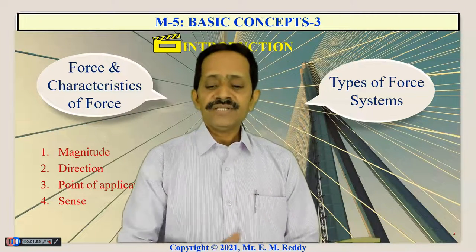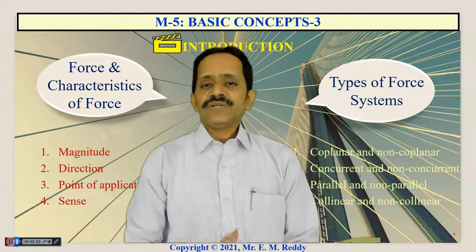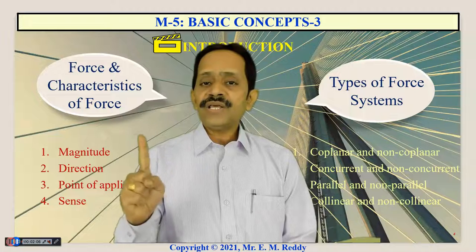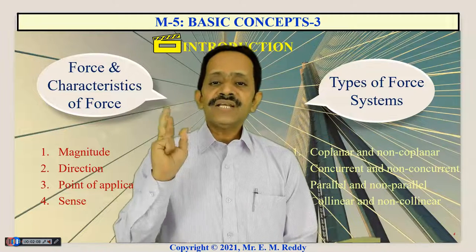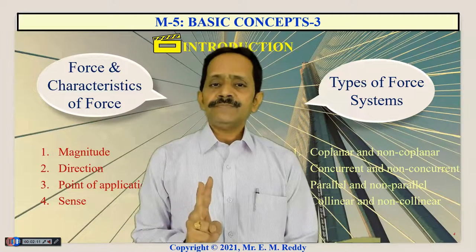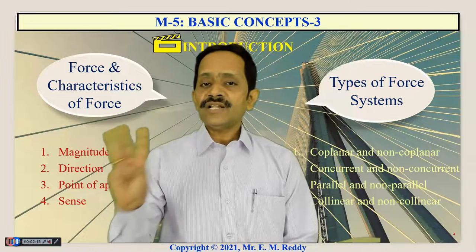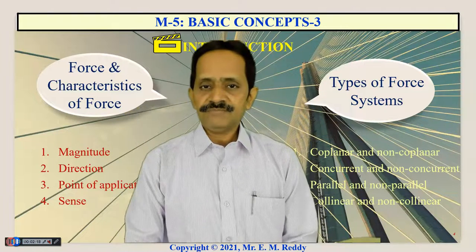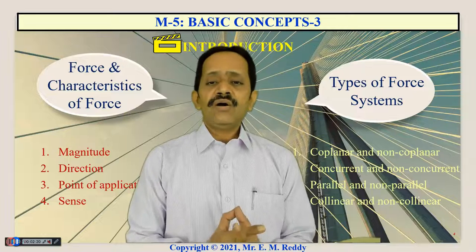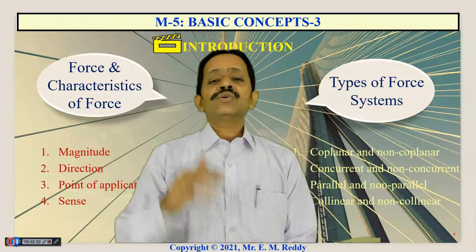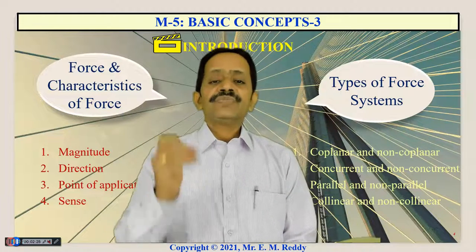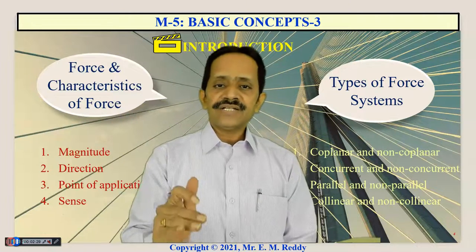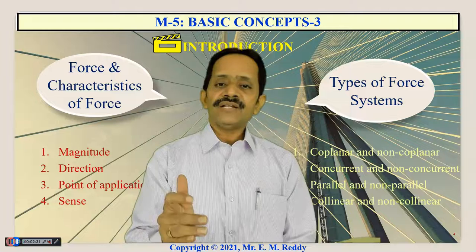In engineering, there are four basic types of force systems: coplanar and non-coplanar, concurrent and non-concurrent, parallel and non-parallel, and collinear and non-collinear force systems. Then there is a combination of these systems, like coplanar concurrent, coplanar non-concurrent, non-coplanar concurrent, non-coplanar parallel, and so on.